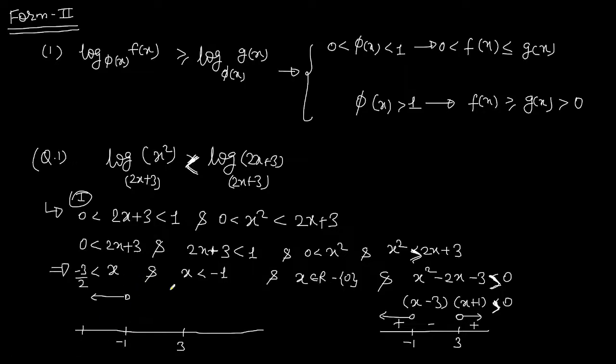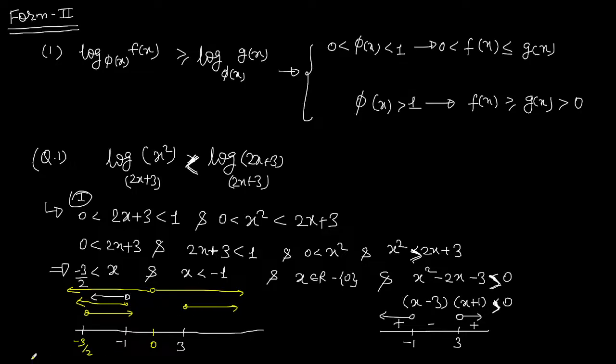So x is less than minus 1, x is bigger than minus 3 by 2, x belongs to R meaning x is not 0 and x is everything, okay? And 1 is x is less than minus 1, x is bigger than 3.